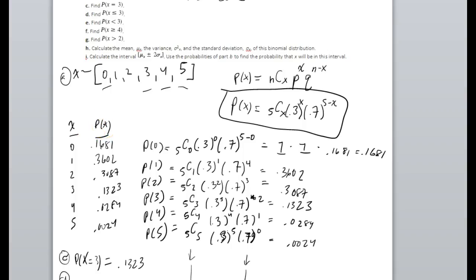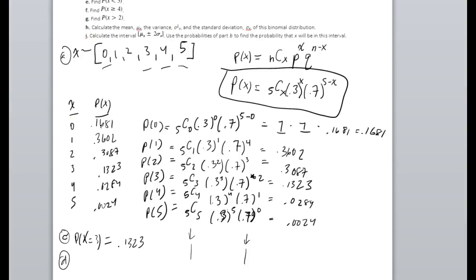And then D is asking for the probability of x less than or equal to 3. And that's just going to be adding up the probability. So here we go.